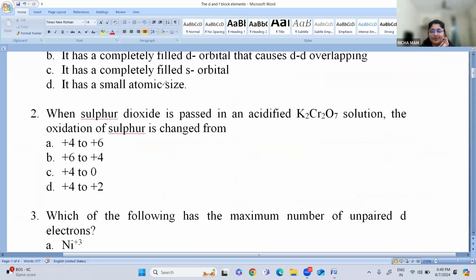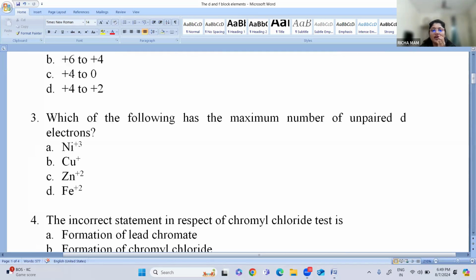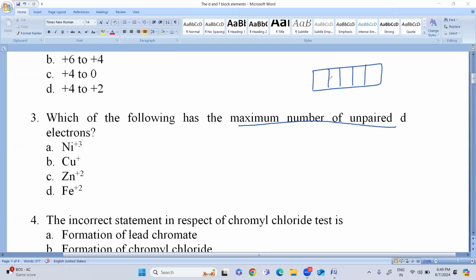So these are the 2 questions which we have solved. Okay, let us go for the next one. Which of the following has the maximum number of unpaired d electrons? So they have asked the maximum number of unpaired d electrons. Now, what do you mean by unpaired electrons?